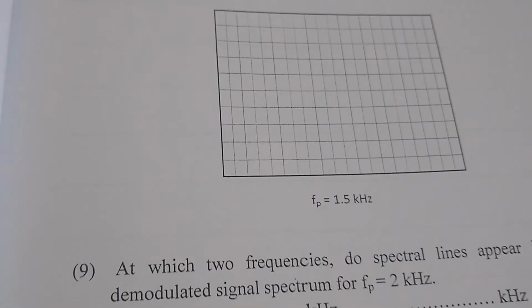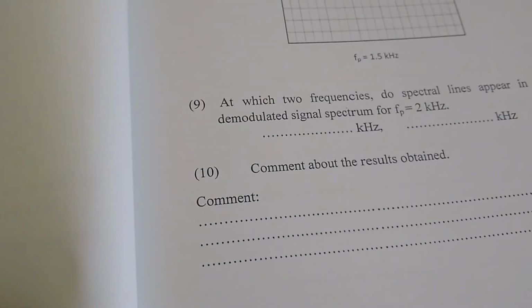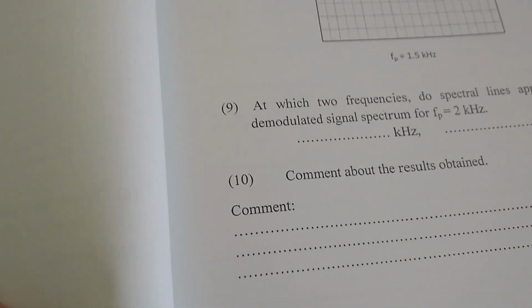Now make FP pulse frequency as 5 kilohertz, 2 kilohertz and 1.5 kilohertz. Correspondingly you can draw all three values here and you can comment it. For 2 kilohertz just write the frequency whatever it is.